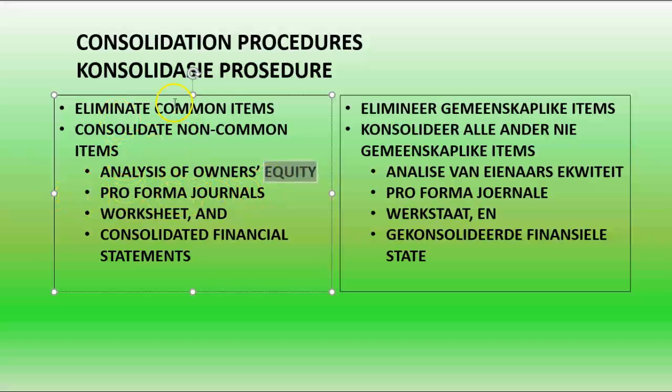Now, the way that we're going to eliminate common items and things like equity and pre-acquisition reserves and earnings is by way of a pro forma journal. Now, a pro forma journal has a debit and a credit, but it is not being posted in either the holding company's or the subsidiary company's financial records at all.